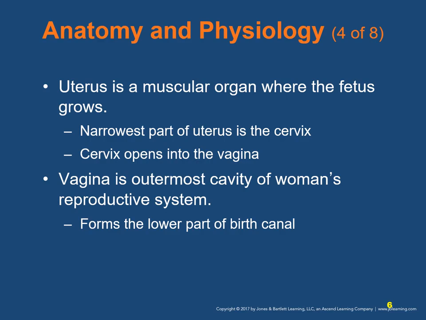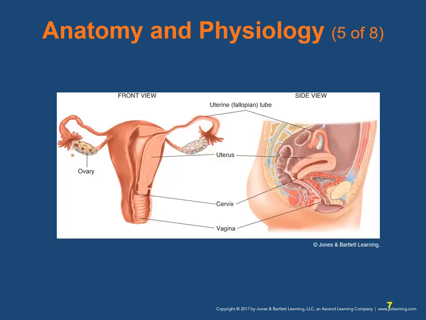The narrowest part of the uterus is the cervix, which opens into the vagina. The vagina is the outermost cavity of a woman's reproductive system. It forms the lower part of the birth canal. This figure shows the internal female genitalia.